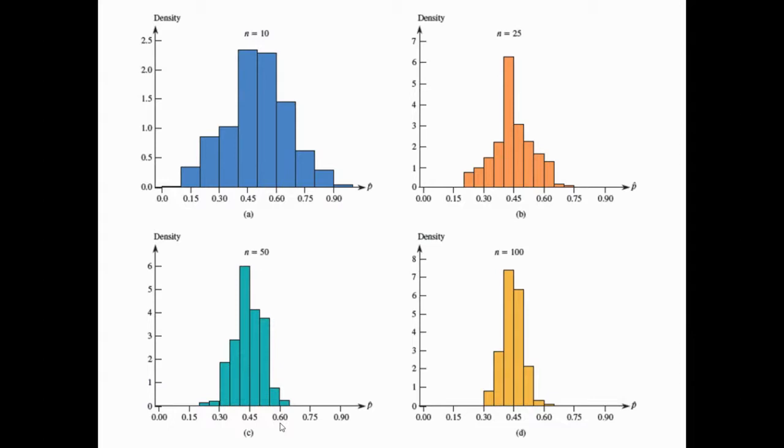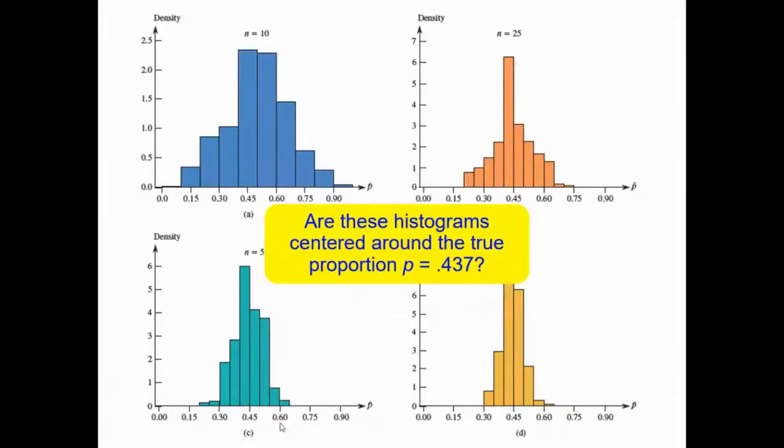Those are nice histograms. Are these histograms centered around the true proportion? 0.437. Let's try to find approximately 0.437 on the graph on each of them. I would say it's probably about right there. Probably about right there. About right there.